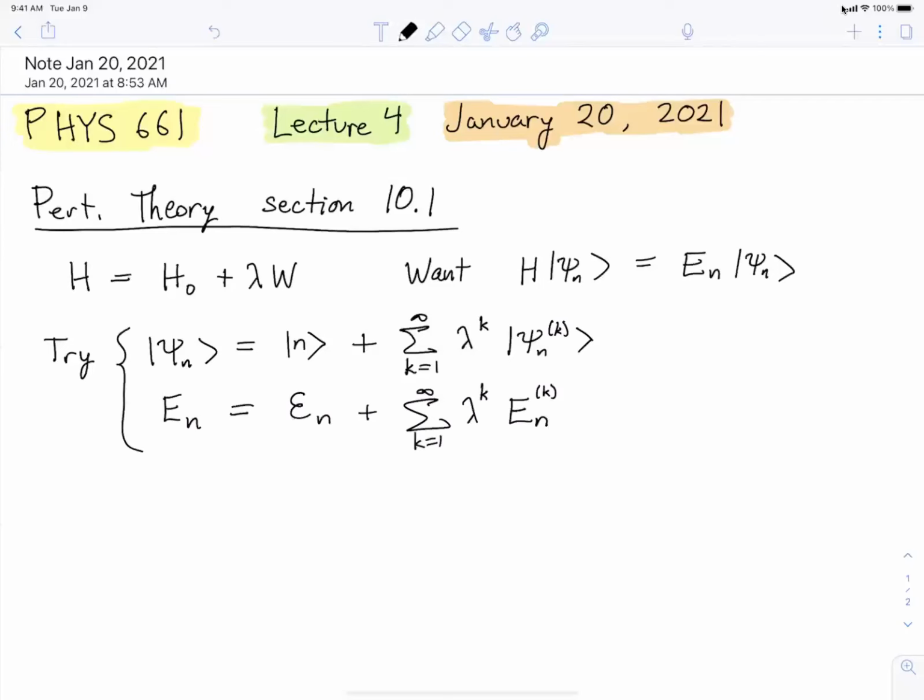Okay, so we're trying to do that. And these ones here are known, we assume: the eigenstates and eigenvalues of H0.